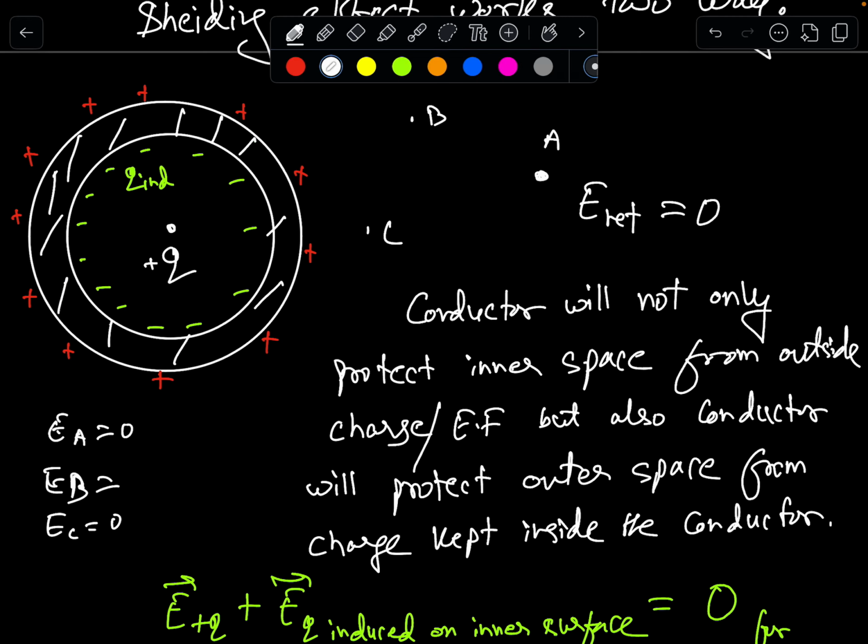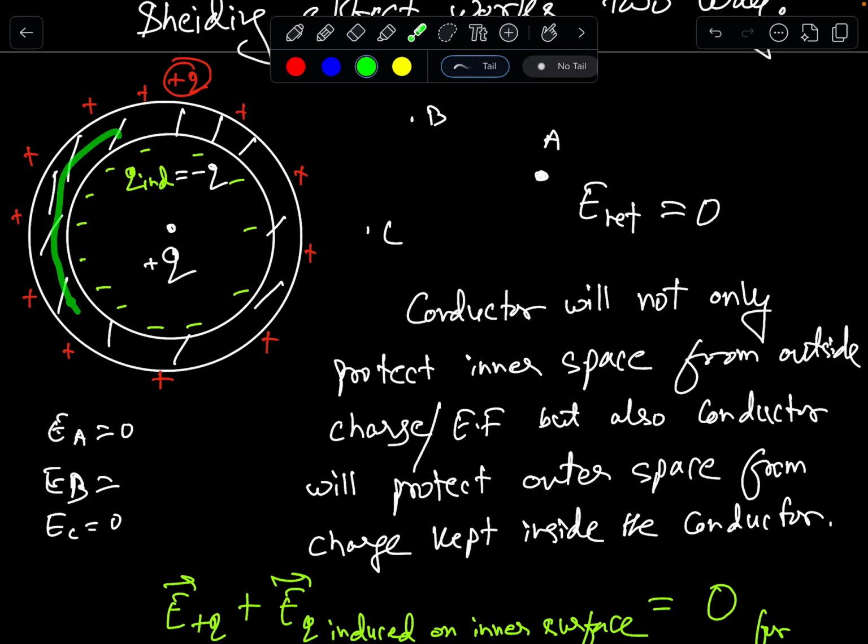So via Gauss law, as we have seen before, this Q induced will have a value of minus Q. And on the outside, by charge conservation, if the inner surface has charge minus Q, then the outer surface will have total charge plus Q. I write it with red color. The outer surface of this shell will have a total charge of plus Q, and the inside of this shell will have total charge of minus Q. This is happening because of Gauss law.